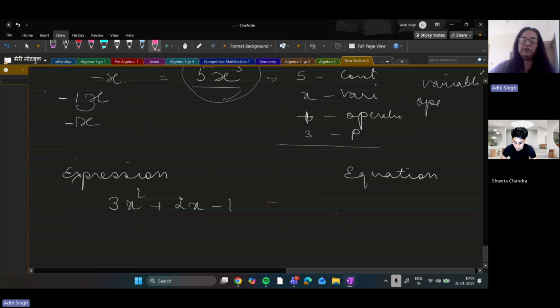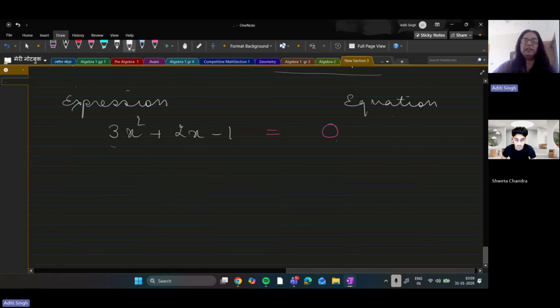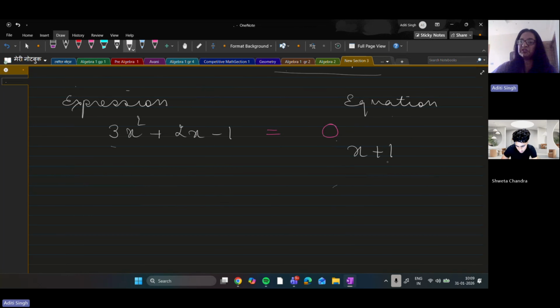So this is what we are going to learn in the whole of algebra. Same way, if you have x plus 1, for example, this is expression. And if you make it equal to 0, it becomes equation. If same way, x square minus 2 or x square minus 5, anything that you take, if this is expression and if I make it equal to 0, it becomes equation.